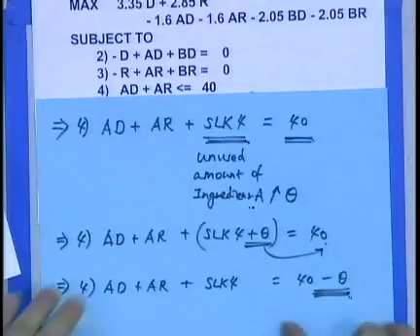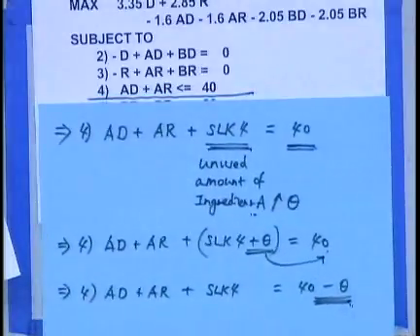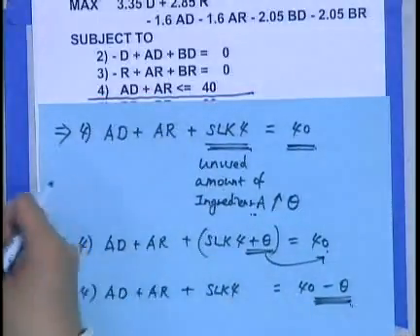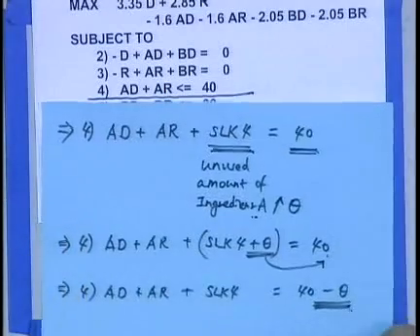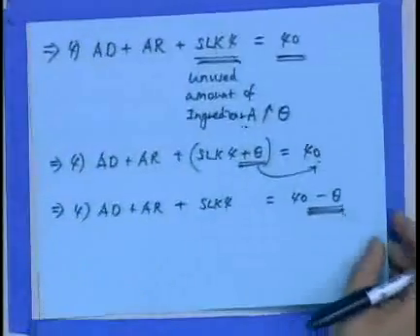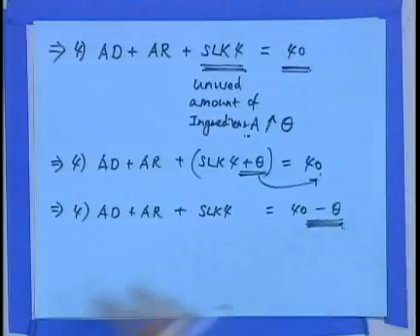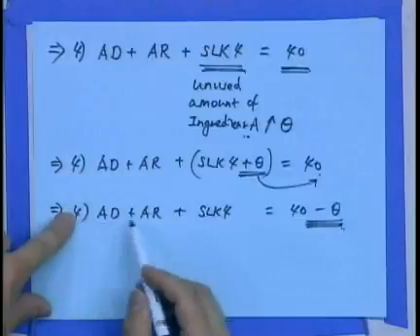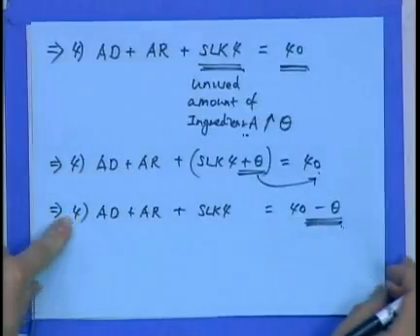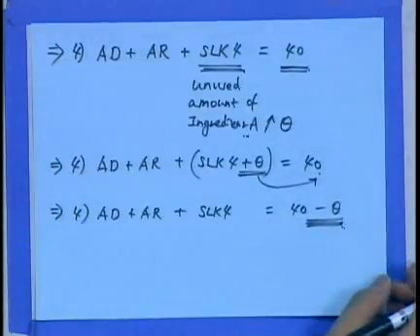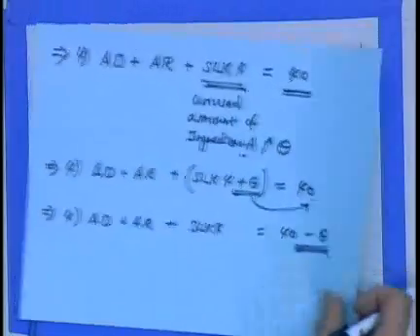So the answer is B, B as in boy, decreasing A availability, because row number 4 is the constraint for the ingredient A, right?